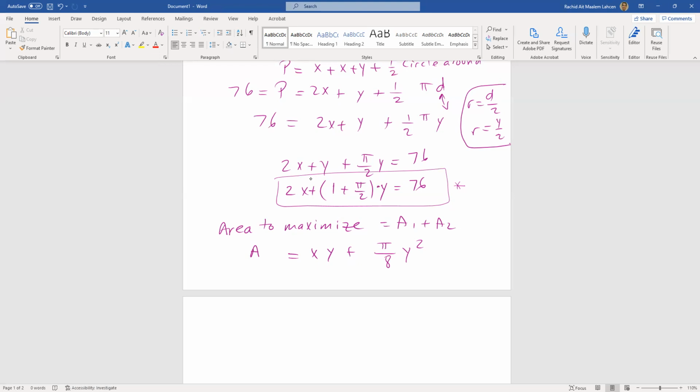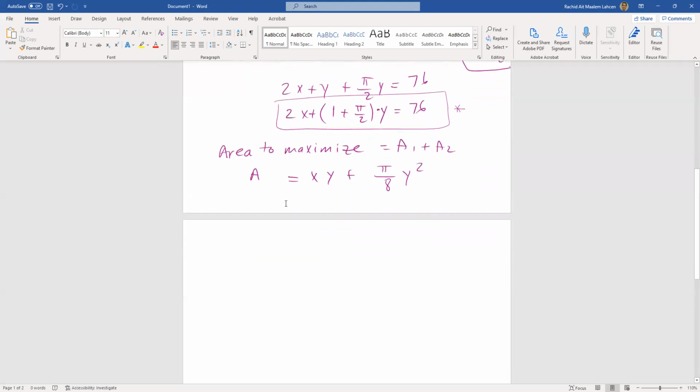It's still doable. It's just going to create a problem because we don't want to round from the beginning. We want to keep the exact value. So here we will decide to solve for x. And in this case, you have y, so this function that we need to maximize is going to be in terms of y.